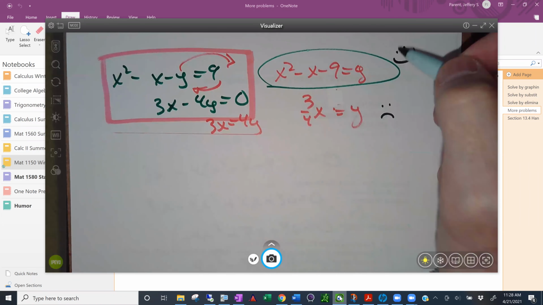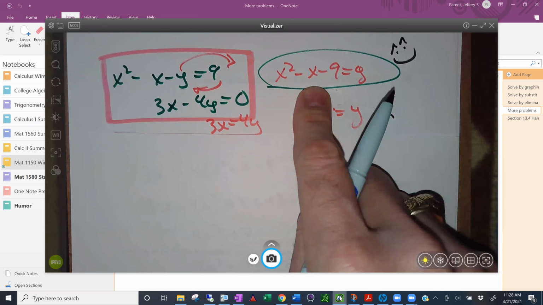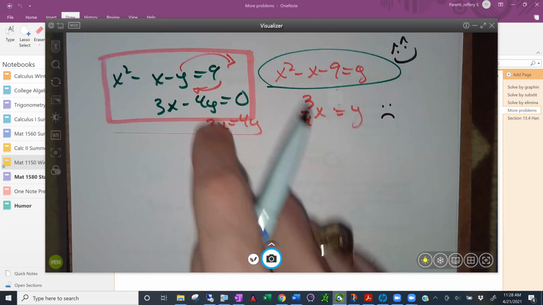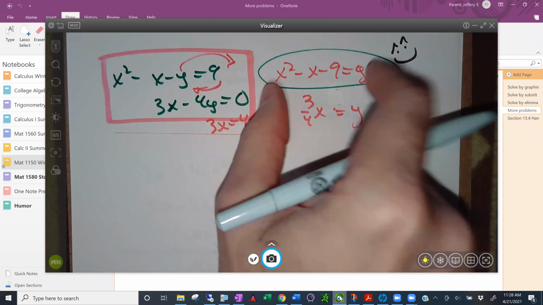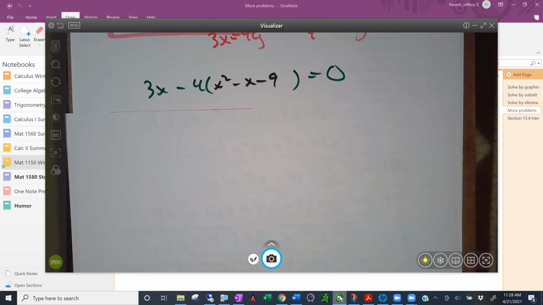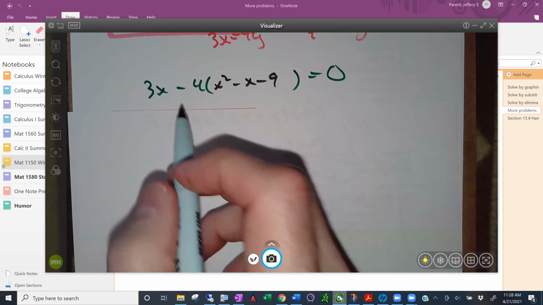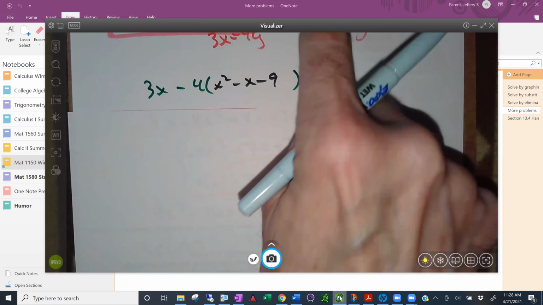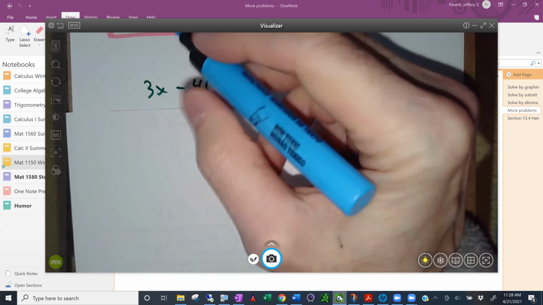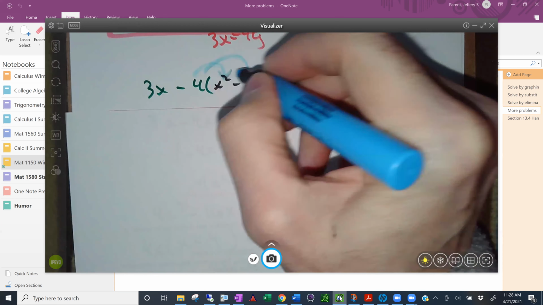Now going with this substitution here, I'm going to take this expression for y and plug it in here. So I'll have 3x minus 4 times all that. So it's going to look like this. 3x minus 4 times this expression for y. Then you got to distribute that negative 4 to all three terms here.